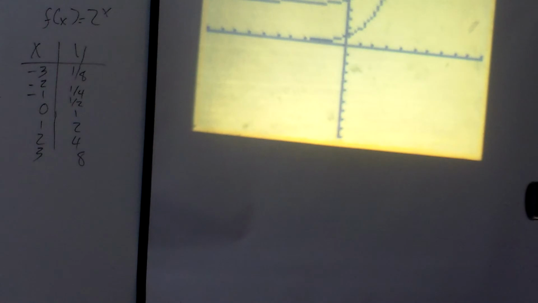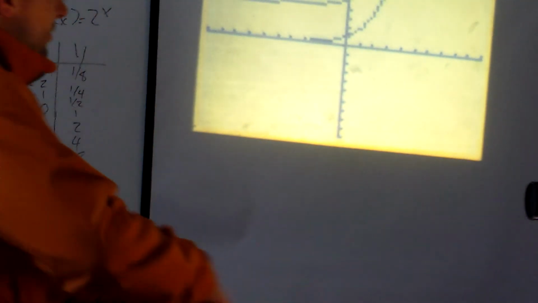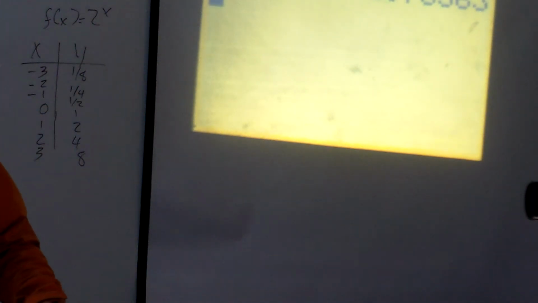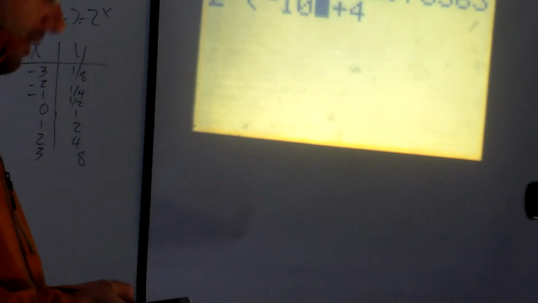If you do this, I'm going to screen through here. 2 to the -10 plus 4. What is that pretty close to? 4. Again, we're coming down and approaching 4. So in this case, we've got 4.00097. Let's put in 100.